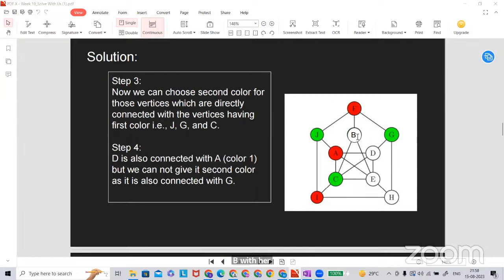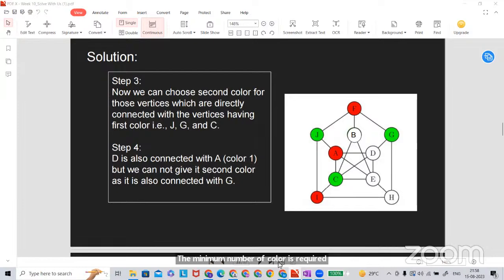If we color B with green, then we cannot color C. But we want the minimum number of colors, so we try to do it so that the minimum number of colors is required to do the coloring.